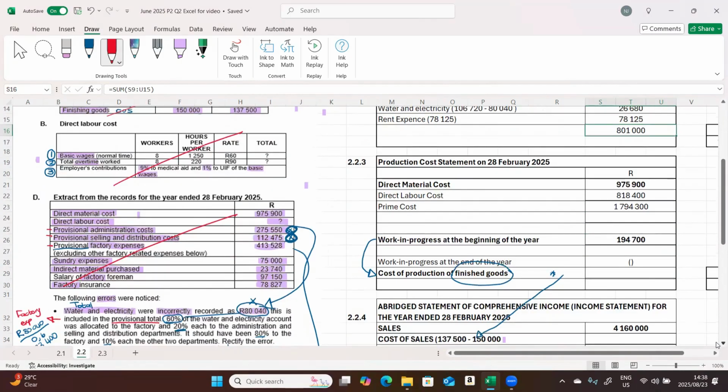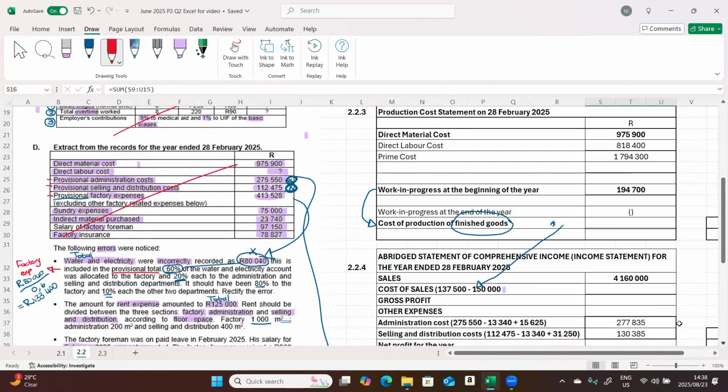Then we can go and complete our production cost statement. Once again, we have to know our formats. So the production cost statement on 28 February 2025. We know that we have the first section already. We did that already.